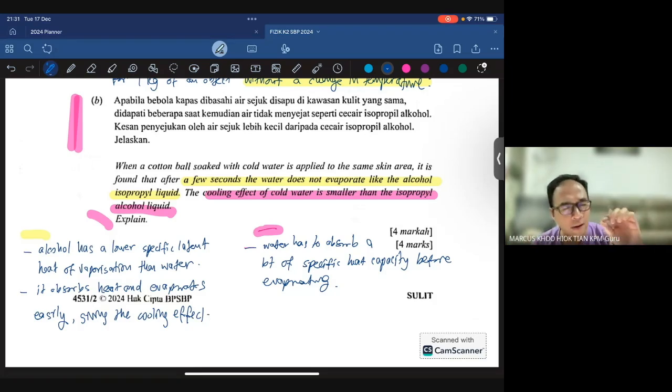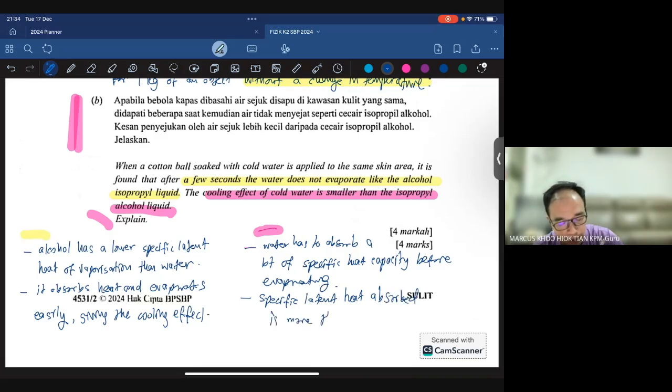For alcohol, very little specific heat capacity needs to be absorbed because it's almost at the boiling point already. All it has to do is just push into the air. So most of the heat that's absorbed is the specific latent heat, vaporizing and then leaving a cool place. Whereas for water, it has to absorb the specific heat capacity to get to a certain temperature, then only it can vaporize. Specific latent heat absorbed is more than specific heat capacity.